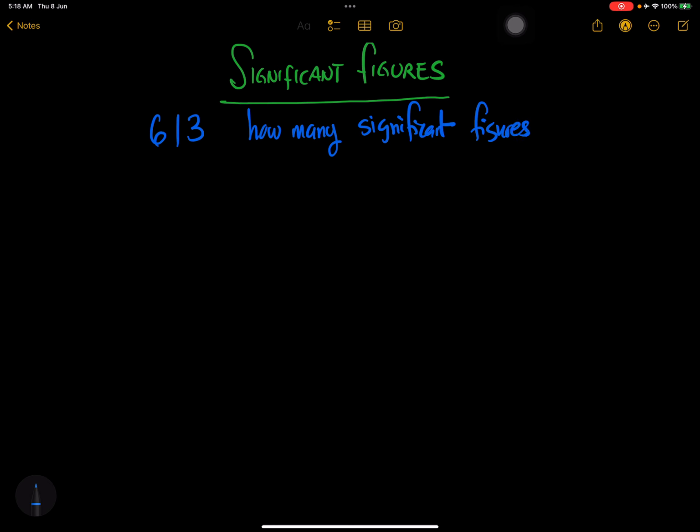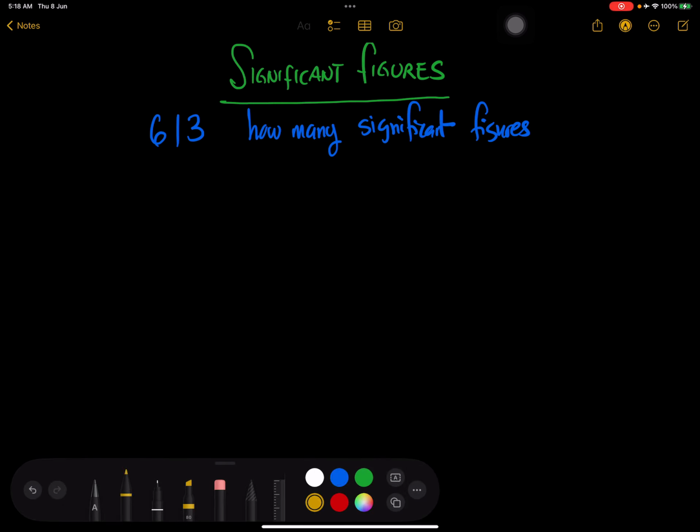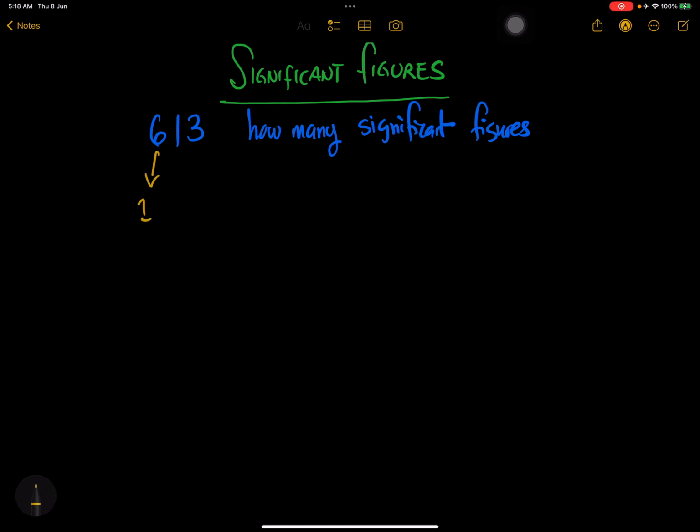How many numbers are significant in this number here? Remember, there's no decimal point, they are just numbers. How many numbers do we have? This is one, this is two, and this is three. So therefore, there are three significant figures.